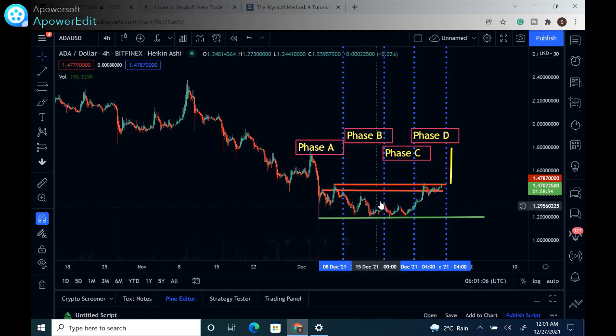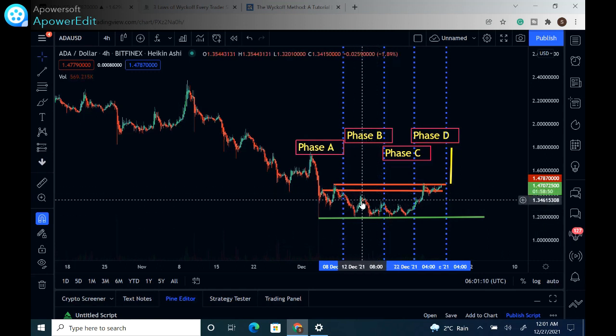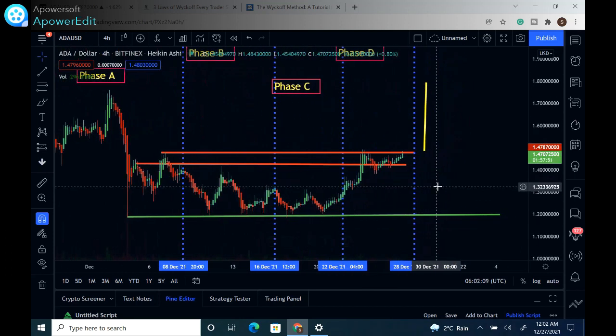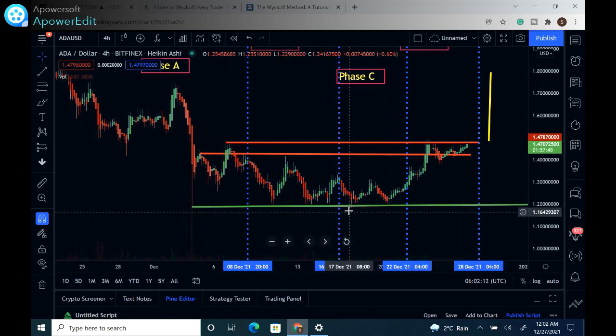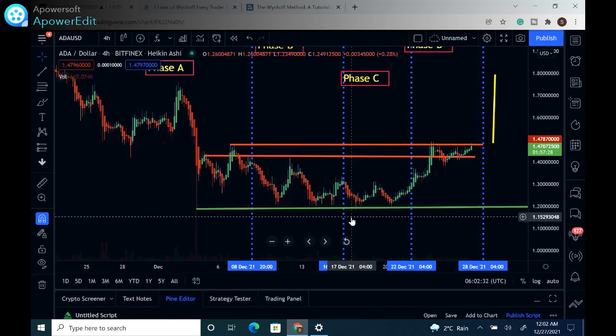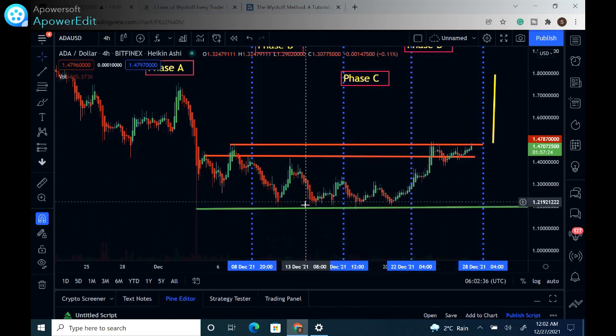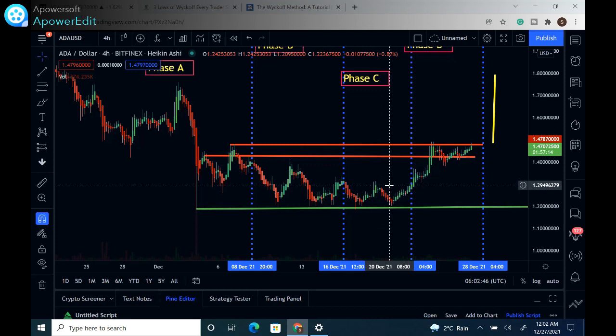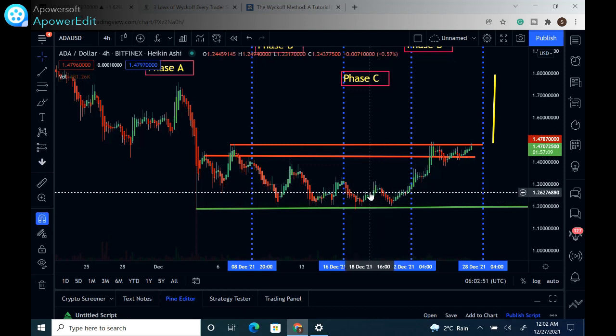So this is basically the trading range, and then we go to phase C. If you zoom in, you will see in phase C a lower price of Cardano, but this is actually a bear trap, where you see that the price of Cardano is lower than the previous support line, but it's not significant, and we have seen then the upward movement of Cardano.